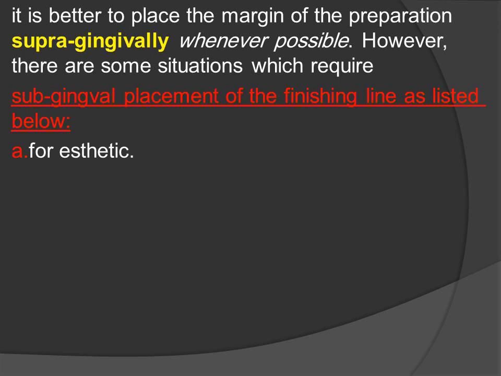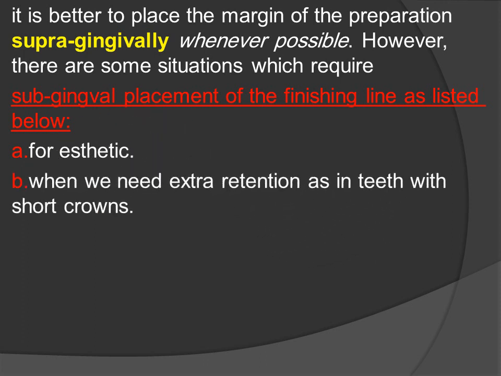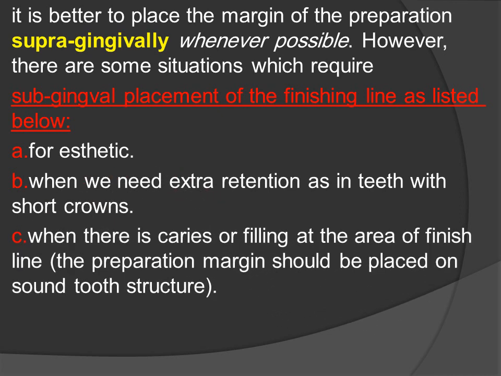Second, when we need extra retention, as in teeth with short crowns, so we can increase the length of the preparation by putting the finishing line subgingivally. Third, when there is caries or a filling at the area of the finishing line. The preparation margin, as we mentioned before, should be placed on sound tooth structure.